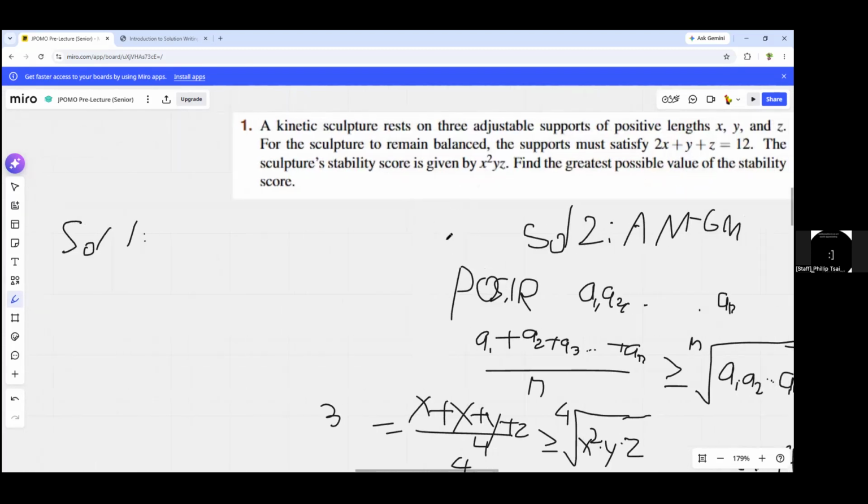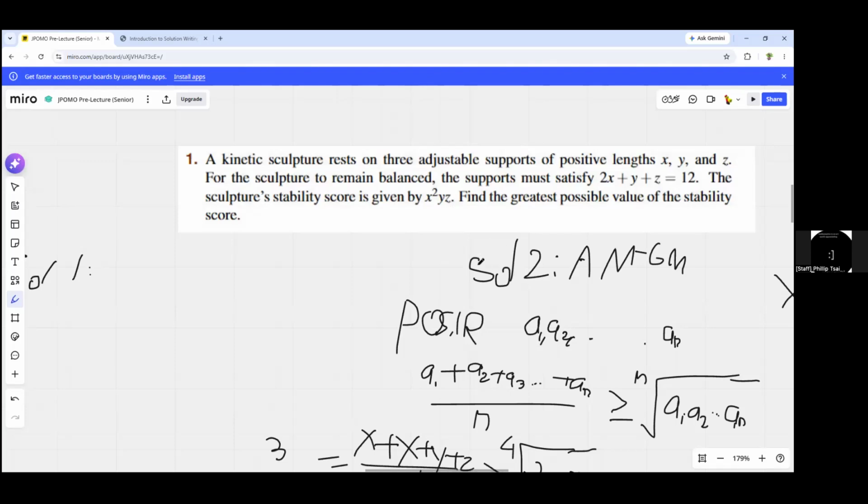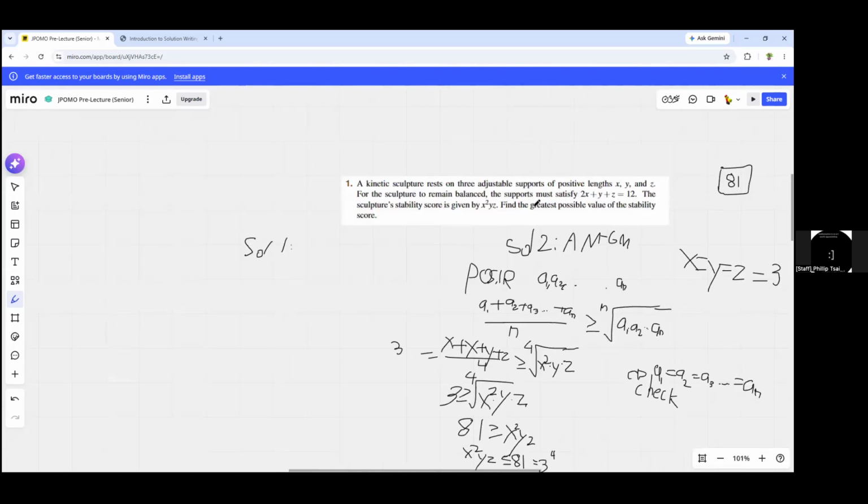But basically, for Lagrange multipliers, we take partial derivatives. Wait, I'm going to refer to a handout for Lagrange multipliers because it's kind of an advanced technique.